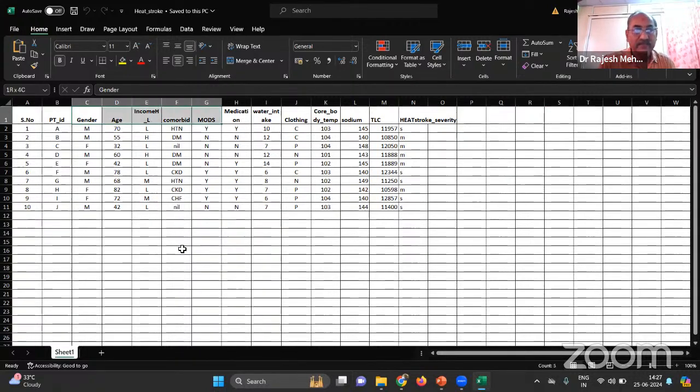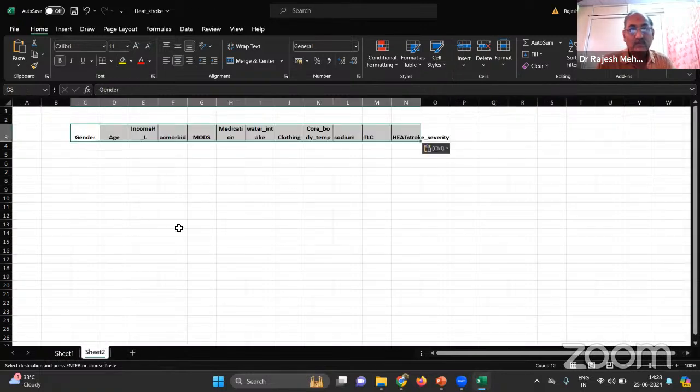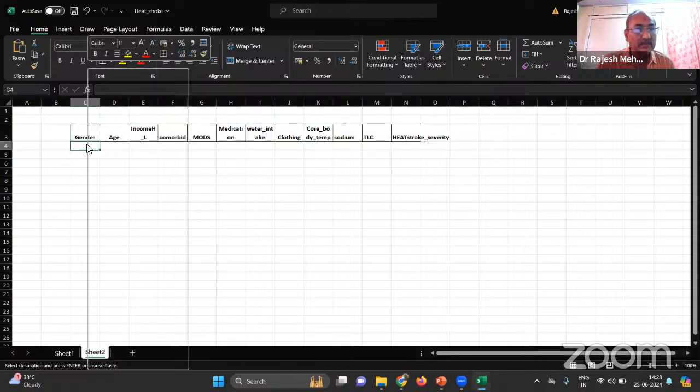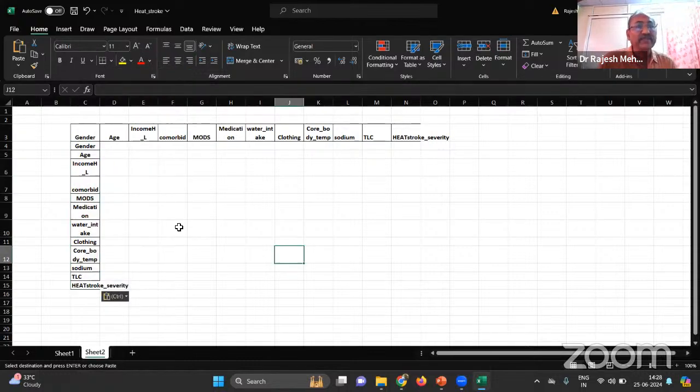You take these variables on one side, and take the other thing, and then, this is important, you transpose the same thing over here.